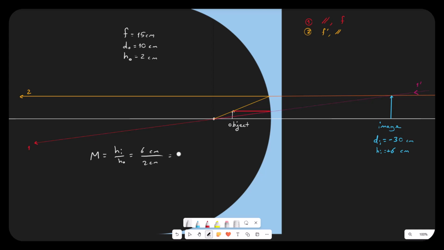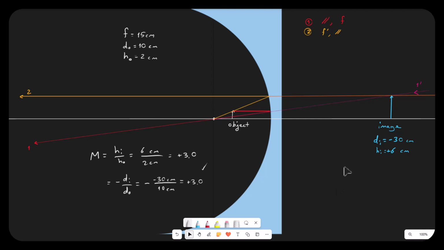I'm getting a magnification of positive 3. I want to check it against the other form. DI over DO with a minus sign is negative negative 30 over 10, which is still a positive 3, which checks out. It's a good way to see, did I do this well?